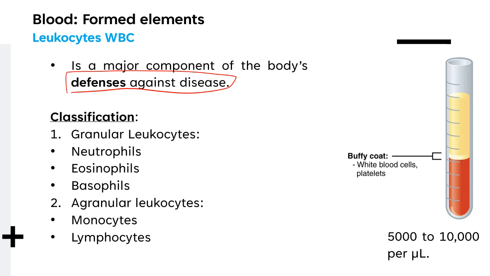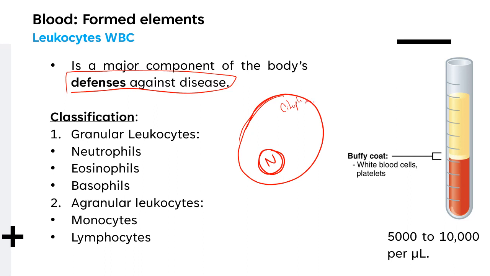We can classify the leukocytes in two categories depending on the granules in the cytoplasm. When we have a cell, this is the classic representation of a cell. You have the cell, that cell will have a nucleus. I'm going to make an N for the nucleus. And then everything else here is called the cytoplasm.